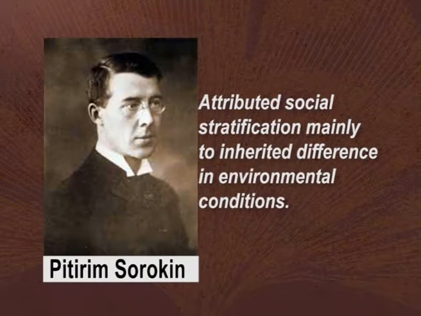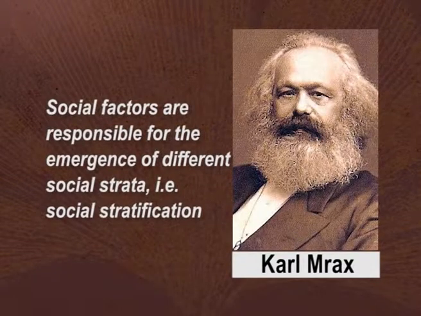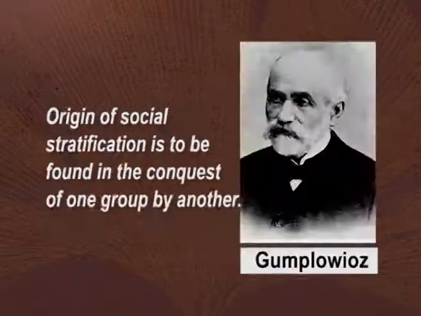Professor Sorokin attributed social stratification mainly to inherited differences in environmental conditions. According to Karl Marx, social factors are responsible for the emergence of different social strata, that is, social stratification.